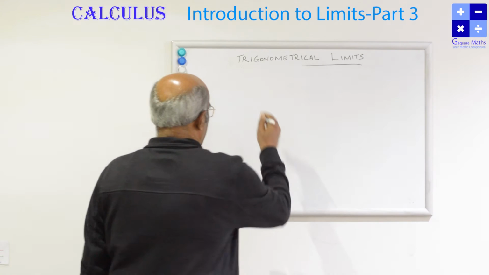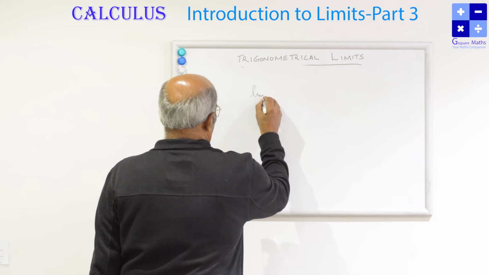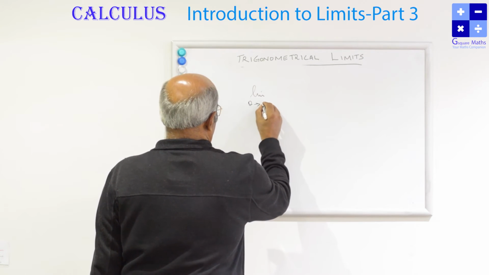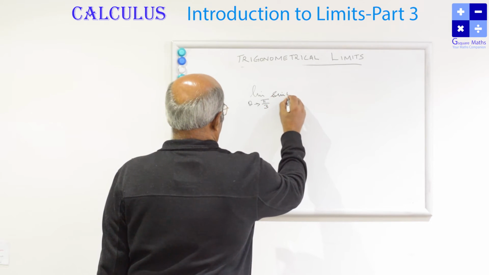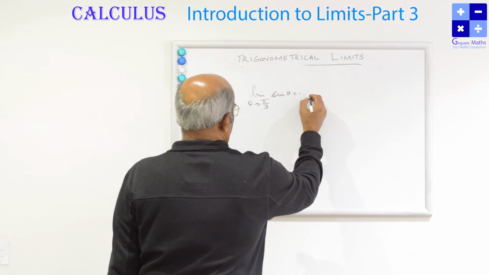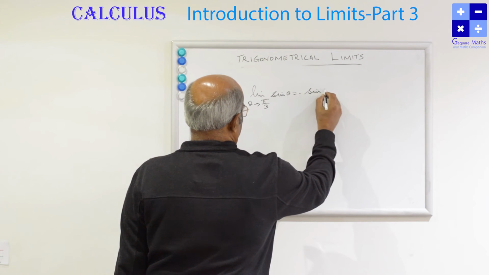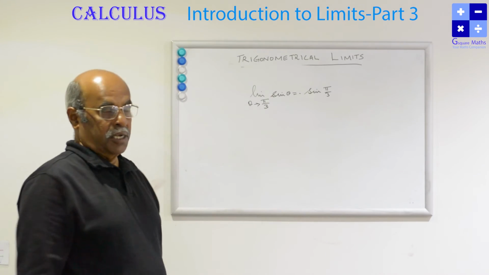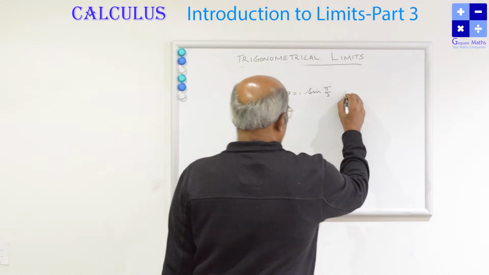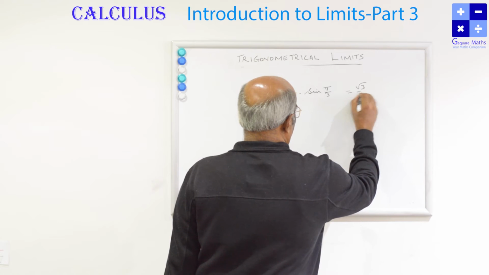For example, evaluate the limit theta tends to pi by 3 of sin theta. This is nothing but substituting directly: sin pi by 3, that is sin 60, which is root 3 by 2.